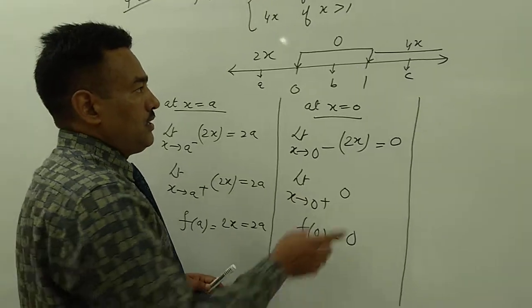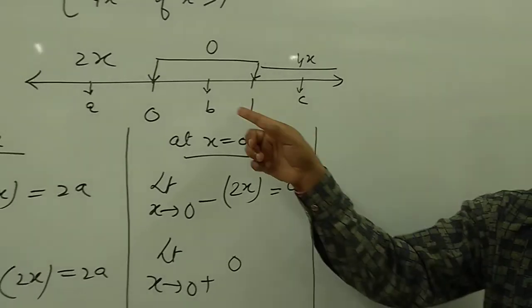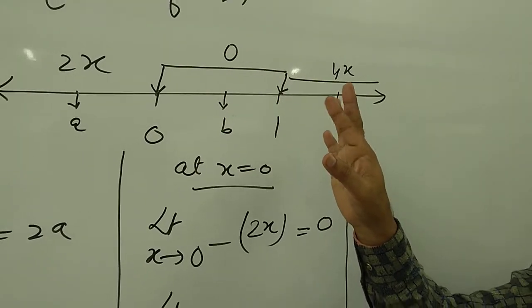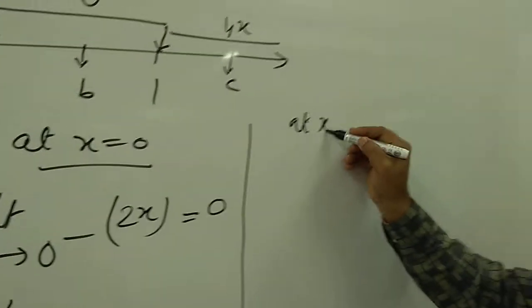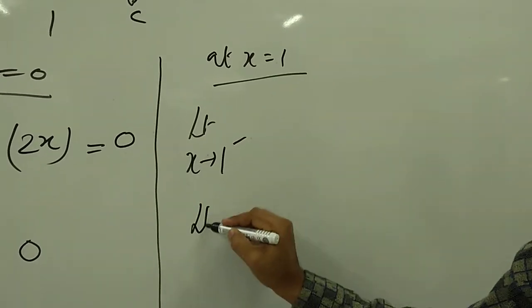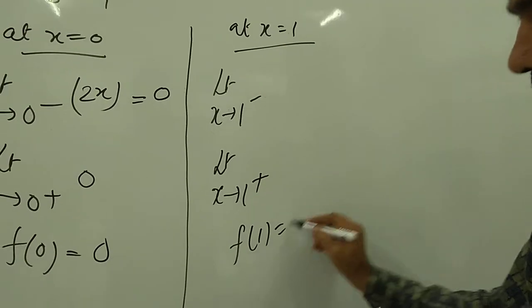Now we check any point, say b. Obviously at b also, because the function is not changing, it is 0, so it will be continuous. Now let me come to point 1. At x equals 1, you take its left limit 1 minus, its right limit 1 plus, and the value at 1.